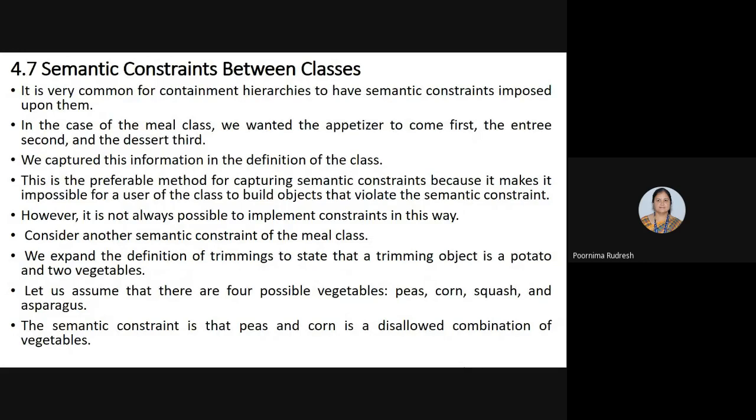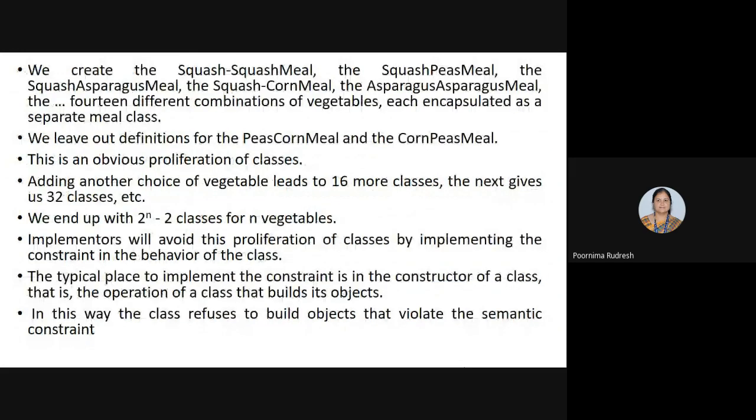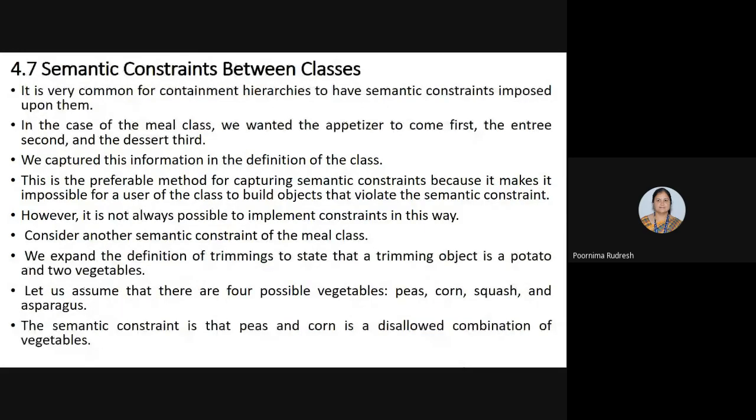Means we cannot have those two combinations. Then by allowing the remaining three, that is, we can have peas, squash, peas, asparagus, or corn, squash, corn, asparagus, like that. We are going to create a number of classes, right? Here, based on the given.